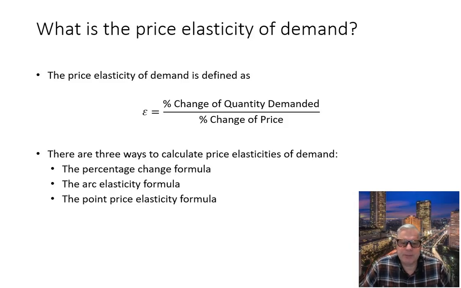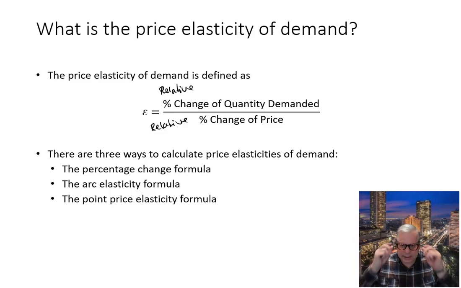Now a very important specific elasticity is the price elasticity of demand, and that is defined as the percentage change, or the relative change, of quantity demanded over the relative change of the price.